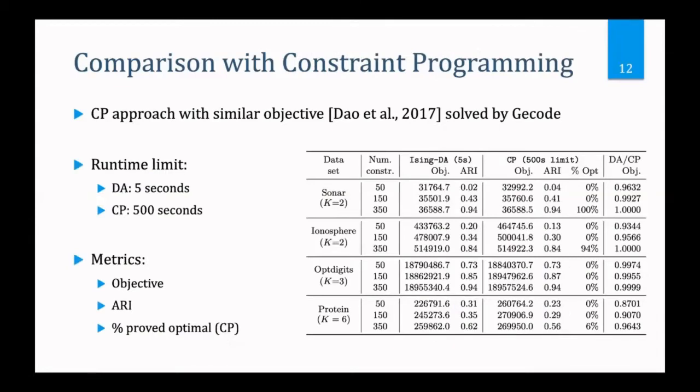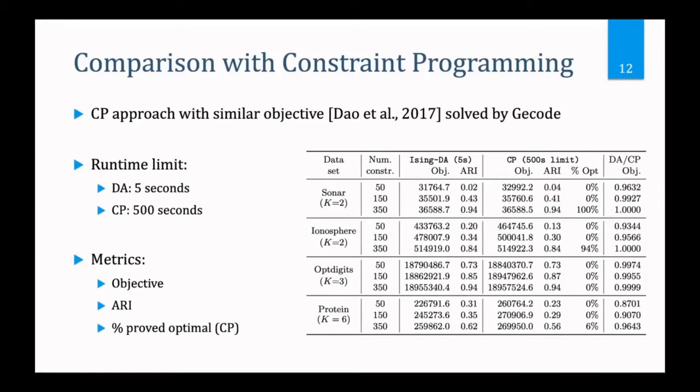Next, we compare our approach of Ising models solved on the DA with a constraint programming approach with a similar objective, solved by an off-the-shelf CP solver. We set a runtime limit of 5 seconds for the DA and 500 seconds for CP. We evaluate the obtained solutions based on their objective value, the ARI, and we also measure the percent of solutions proved optimal by CP.